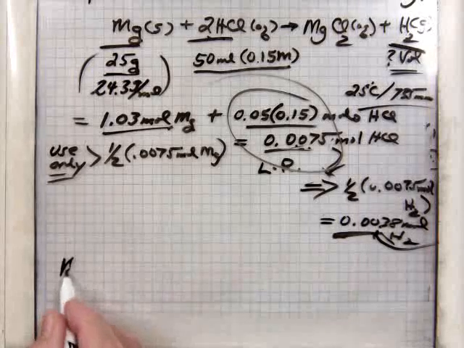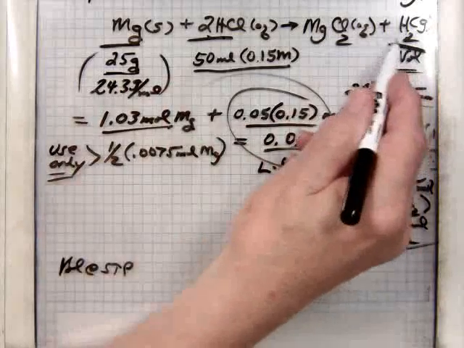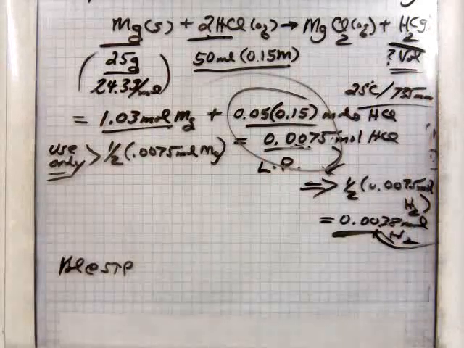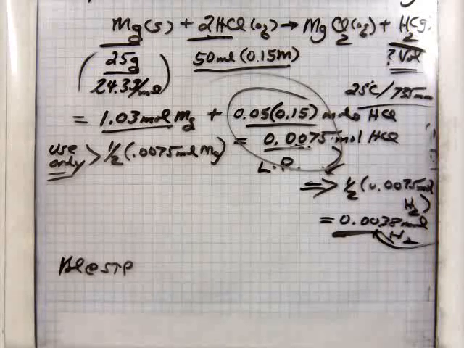So the volume at STP is what you calculate from the standard equation, because you assume the standard equation to be 0 degrees and 1 atmosphere. Remember I said it's not going to have a sidebar that says this is at STP. The molecular equation as written is always at 0 degrees and 1 atmosphere assumed.